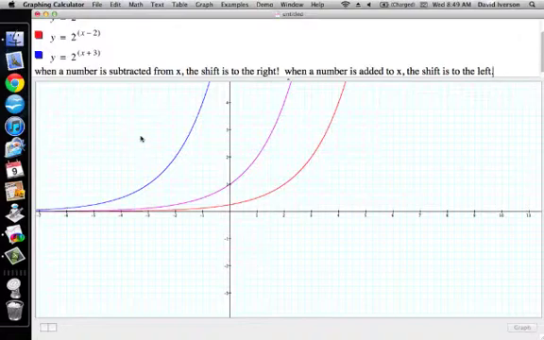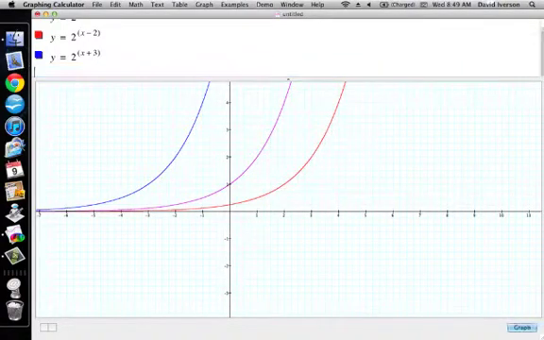So it's almost as if the x's work backwards and the y's work the way you might think they would. All right, so we've got one more left to go.